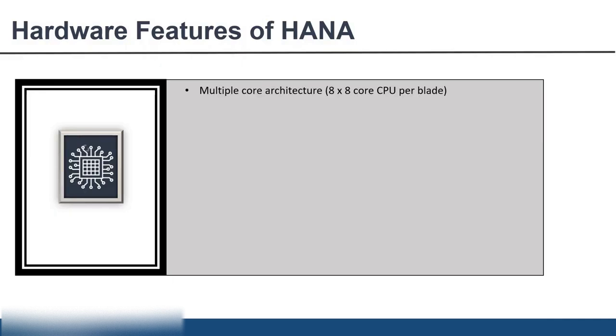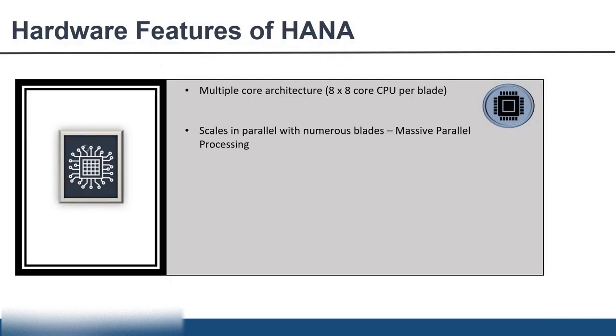So the first feature is that HANA has multi-core architecture for CPU. What do you mean by multi-core architecture? Here you can see in the figure a CPU is shown with multiple blades. What is the purpose of this? Each blade of the CPU can work simultaneously and independently, which will help you to achieve massive parallel processing.